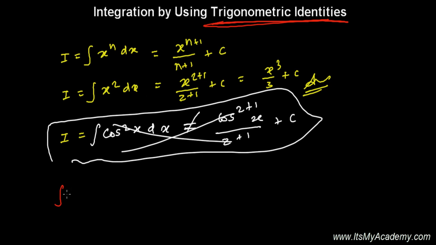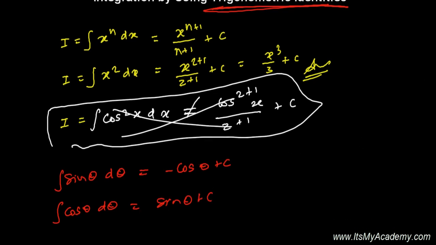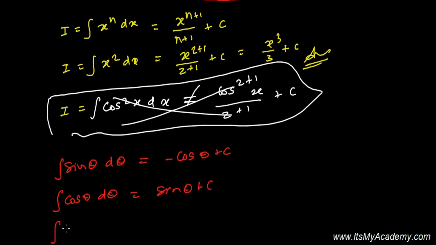The first one is the integral of sine theta with respect to theta, or x, same thing, that is minus cos theta plus constant. Another one is cos theta d theta, that is sine theta plus constant. And the integral of sec square theta d theta is tan theta plus constant.